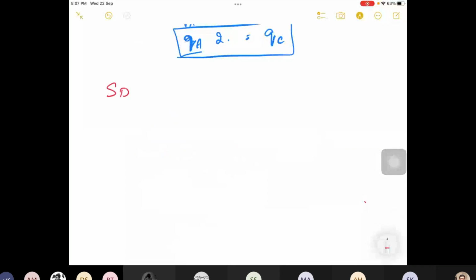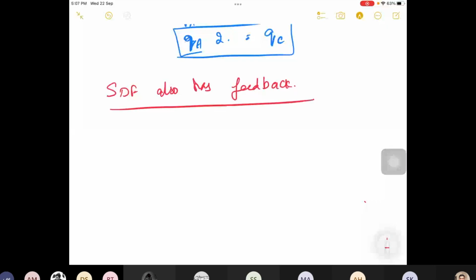Now SDF also has feedback. How we can analyze feedback, again we'll go with one example.